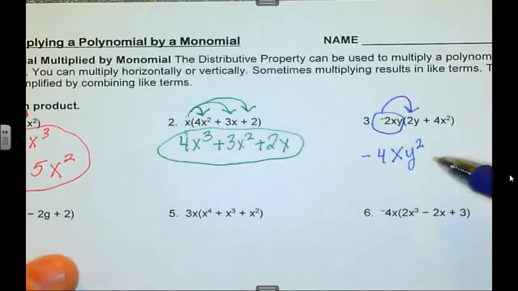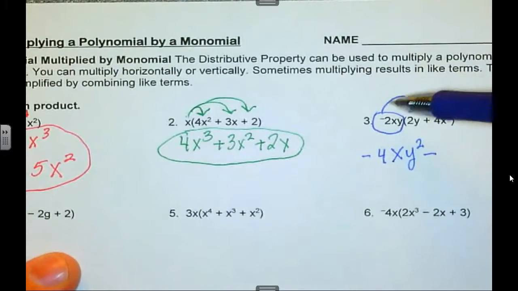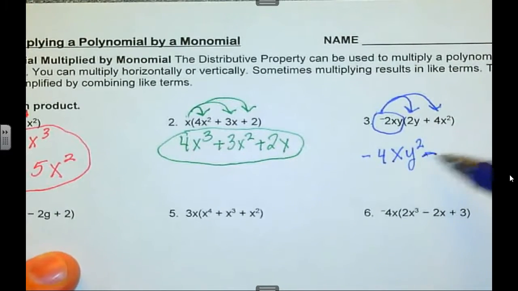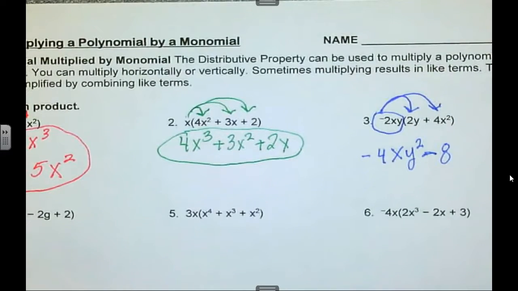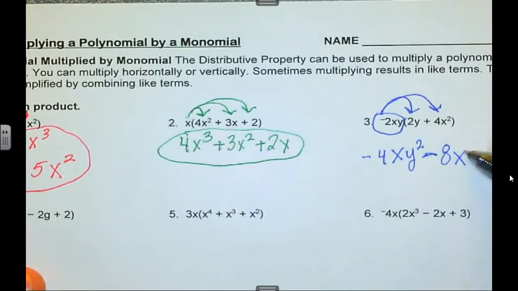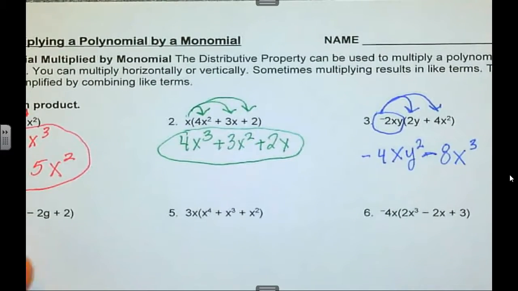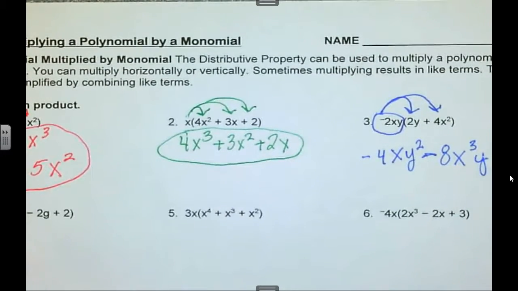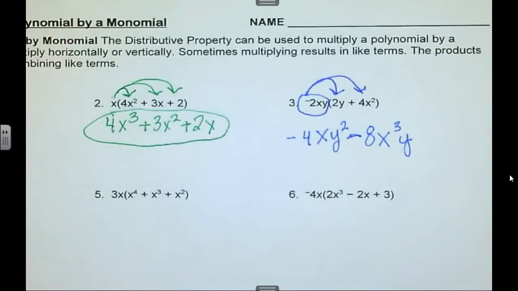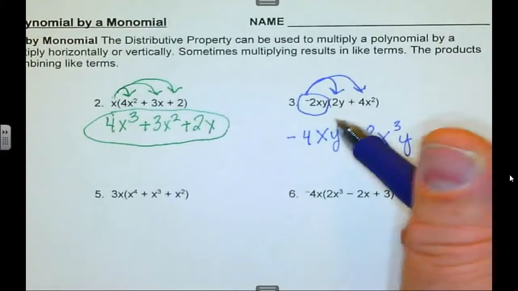Yeah. Okay, now be careful. I have a negative 2 times a positive 4 gives me negative 8. x times x squared, there's my x cubed. And then I don't have any y's to add, so it's just y to the first. That's my answer.